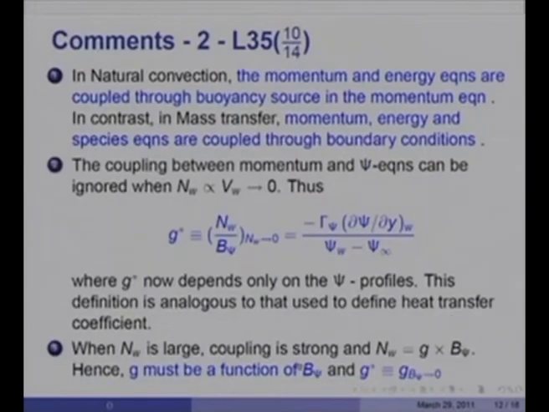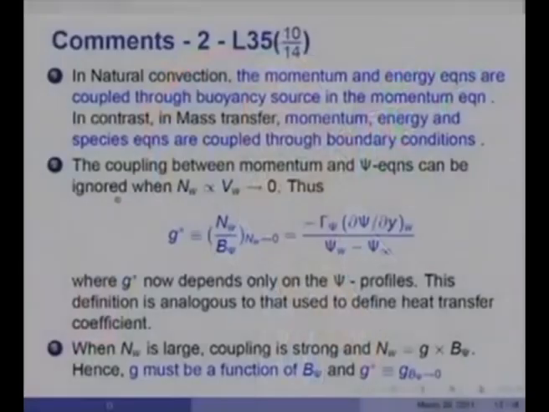So in natural convection, momentum and energy equations are coupled through buoyancy source terms, whereas in mass transfer the coupling arises because of the boundary condition at the wall. This is the difference between a natural convection problem and a forced convection mass transfer problem.